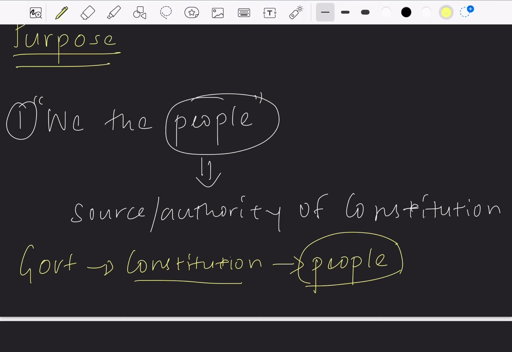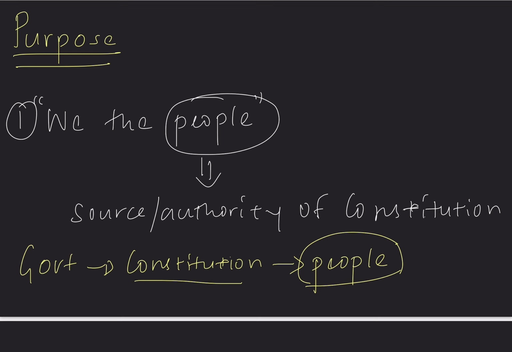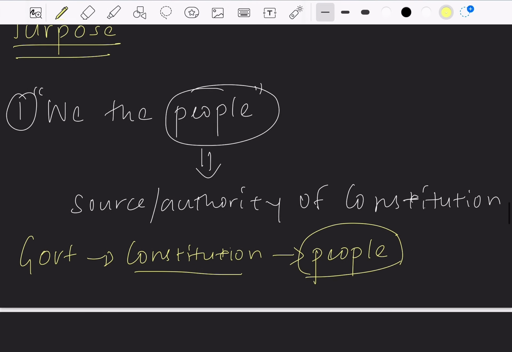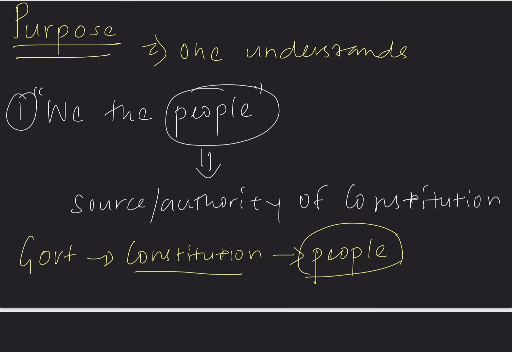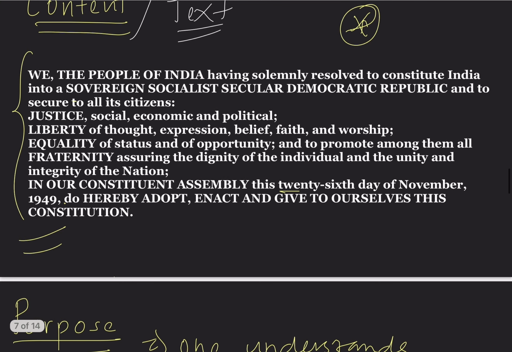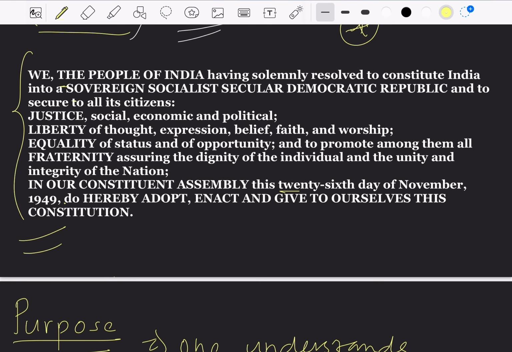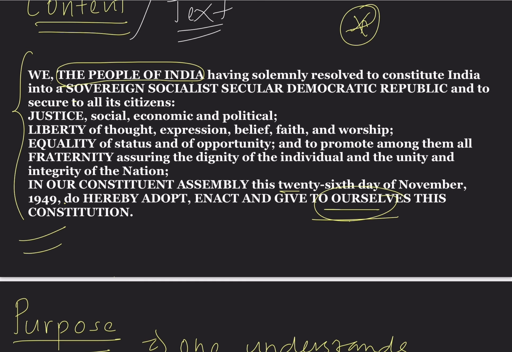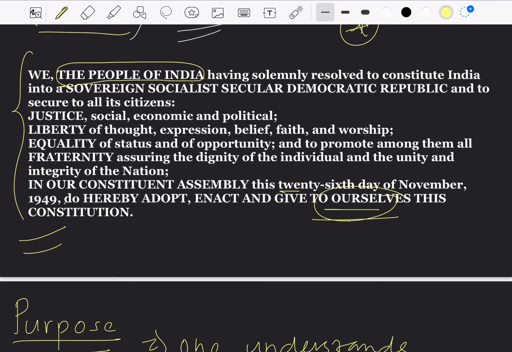Next topic we are going to study is the purpose of preamble. In the purpose of preamble, that is, what is the purpose? That is what one understands just by seeing the preamble. If we see the first sentence, we the people of India, and the last sentence, give to ourselves, this is telling that people of India is the supreme, the source of authority of Constitution.